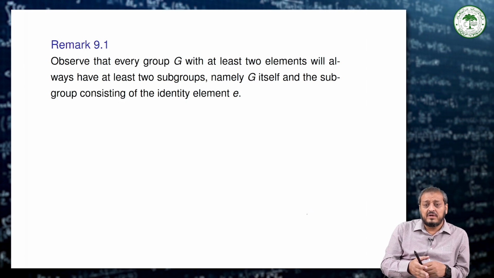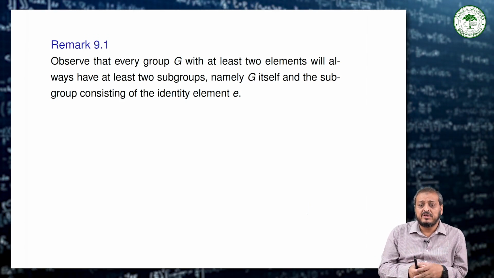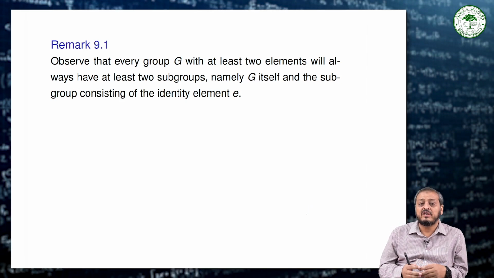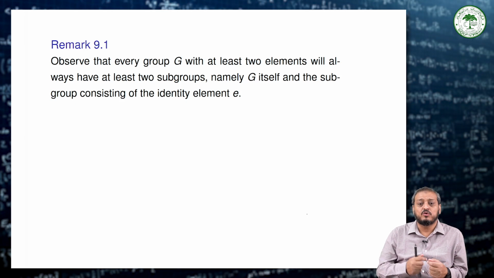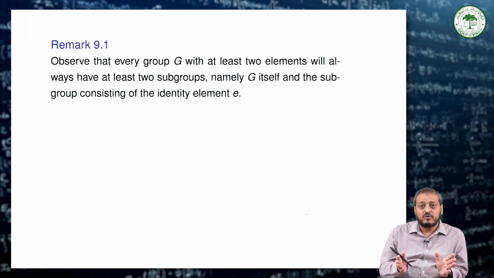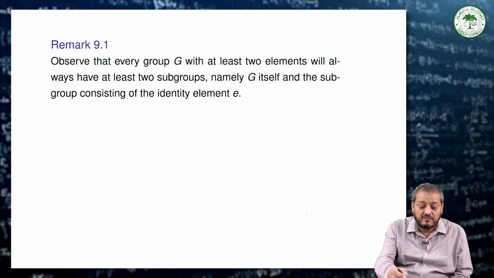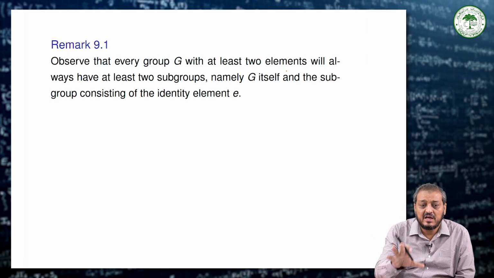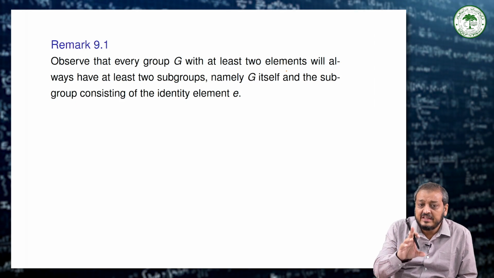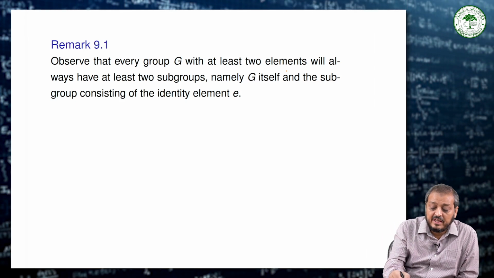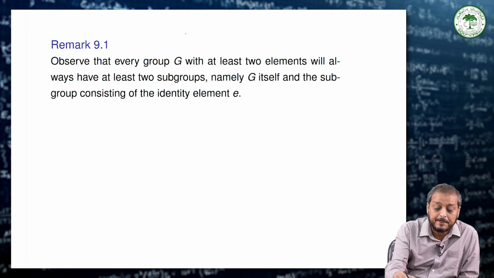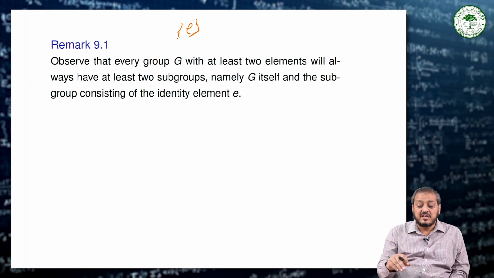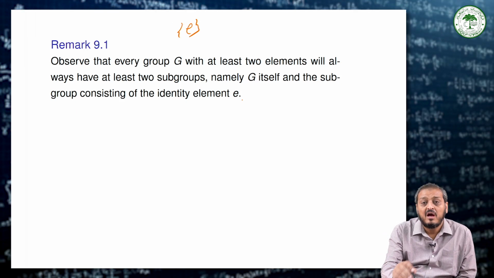Observe that every group G with at least 2 elements will always have at least 2 subgroups, namely G itself and the subgroup consisting only of the identity element.